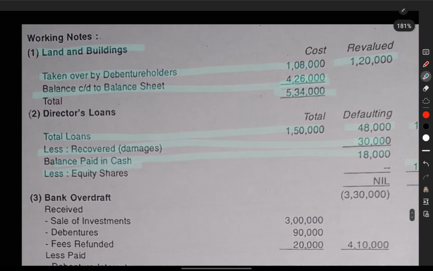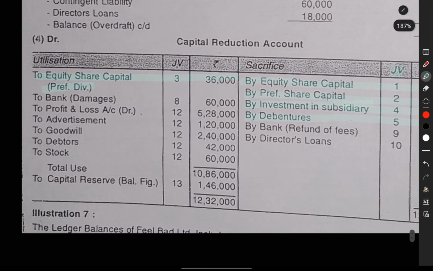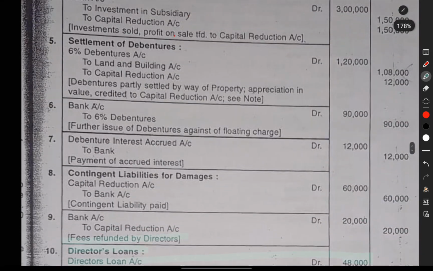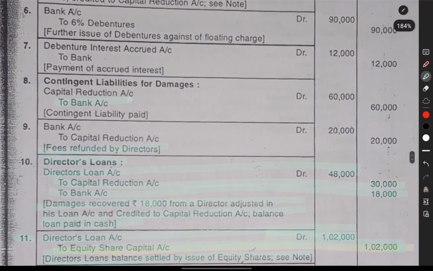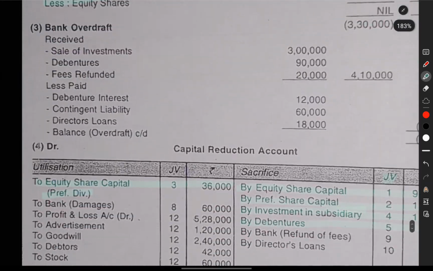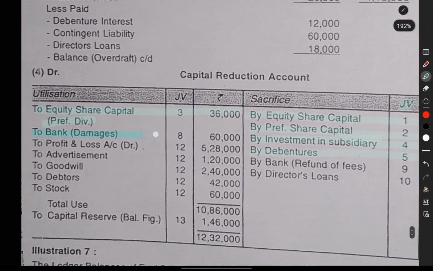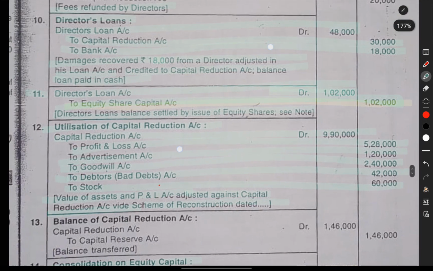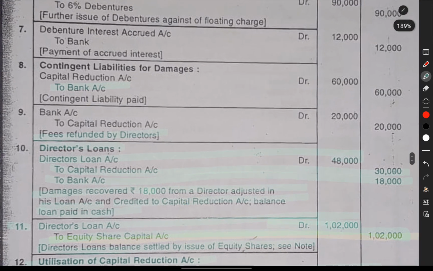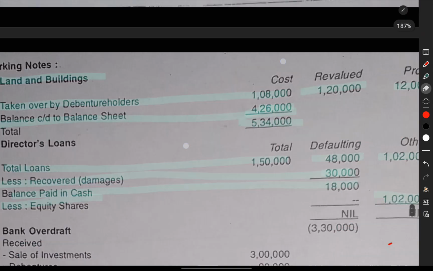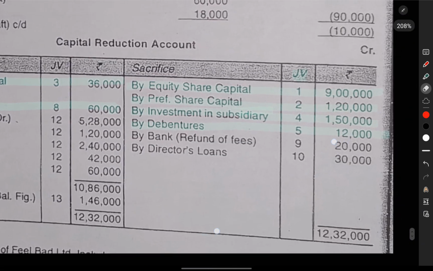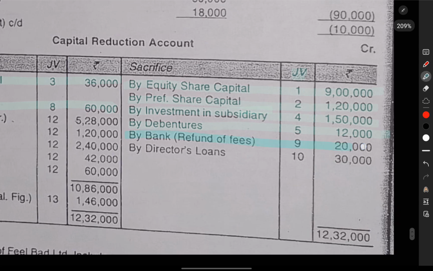So we will go to debit side of capital reduction account and write to bank for rupees 60,000. Next, in the 9th journal entry, we give credit to capital reduction account. So we will go to credit side and write by bank rupees 20,000.